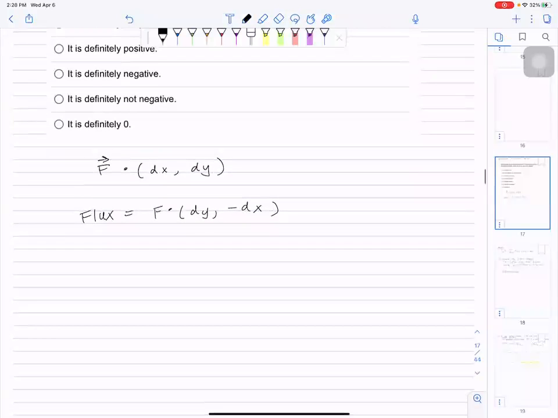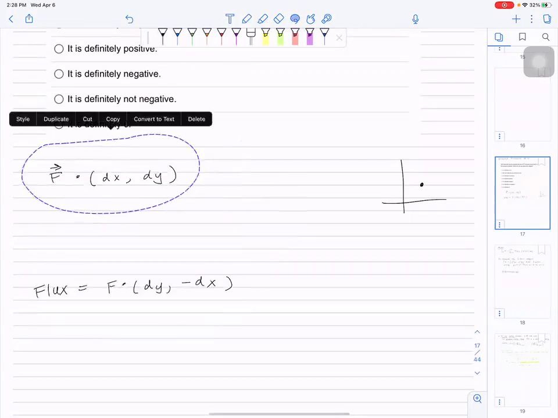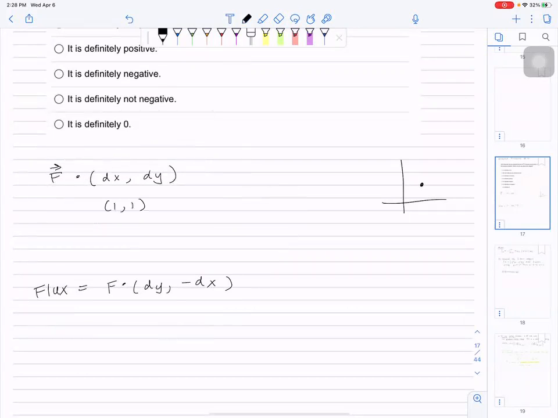So imagine you have some point in our normal, and say dx dy is 1, 1, the black dot. Then dy, negative dx, if I want to transform it, would give me 1, negative 1.